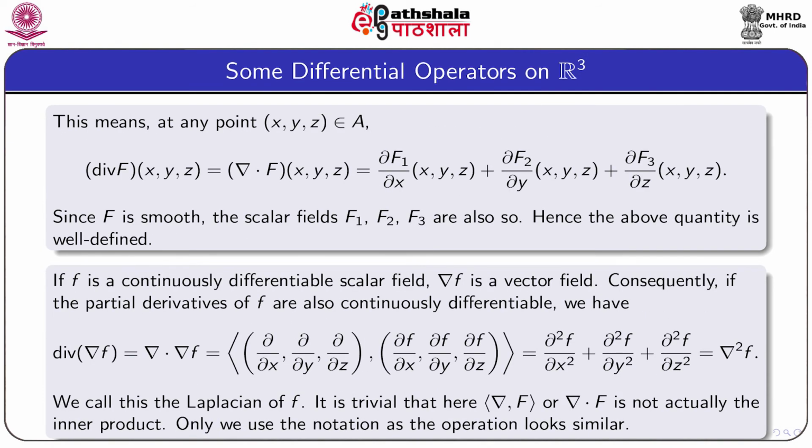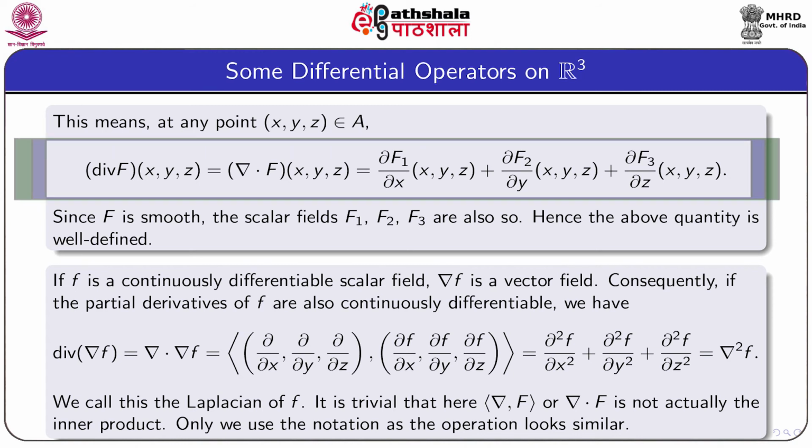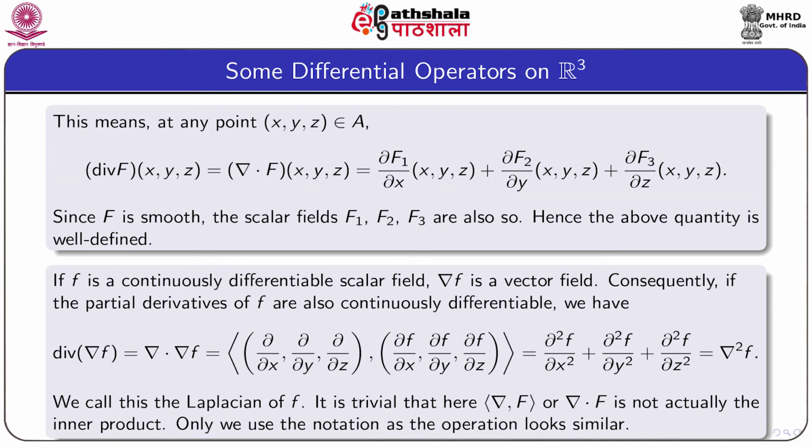This means at any point (x, y, z) in A, divergence f at (x, y, z) equals del f1/del x (x, y, z) plus del f2/del y (x, y, z) plus del f3/del z (x, y, z). Since the vector field f is smooth, the scalar fields f1, f2, f3 are also so. Hence, the above quantity is well defined.